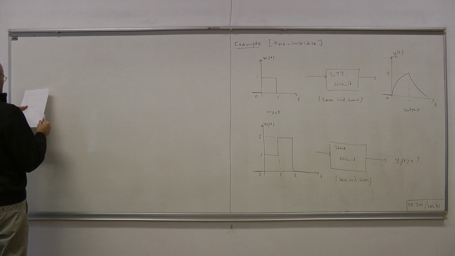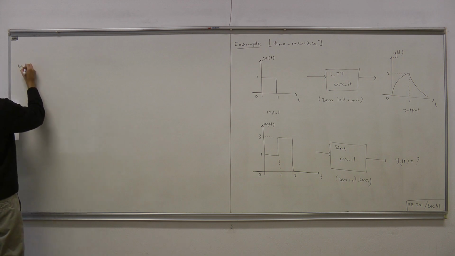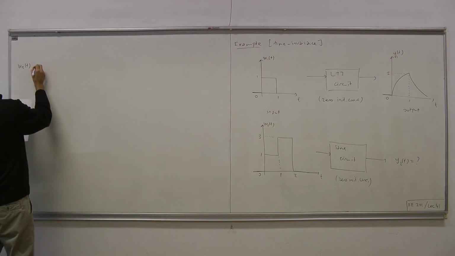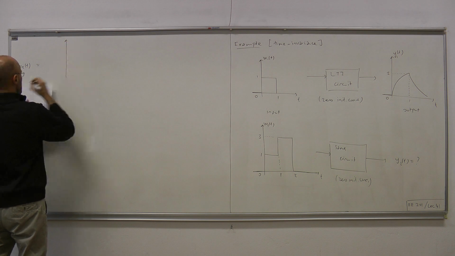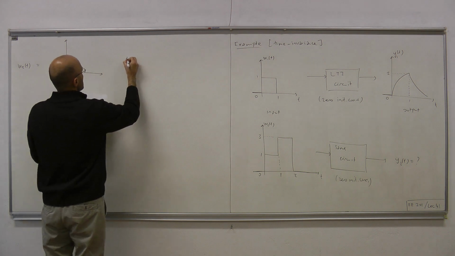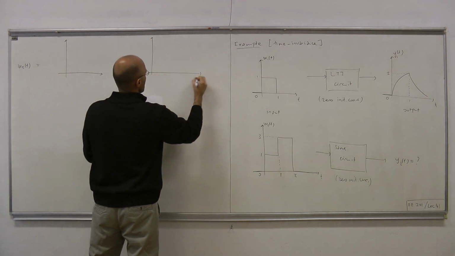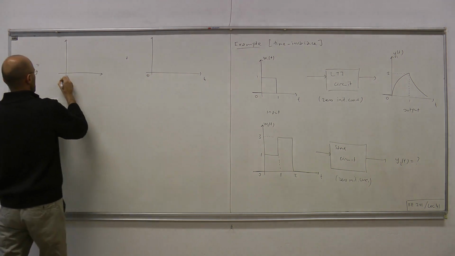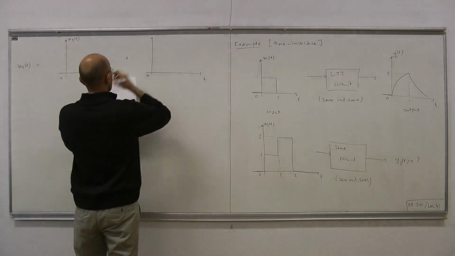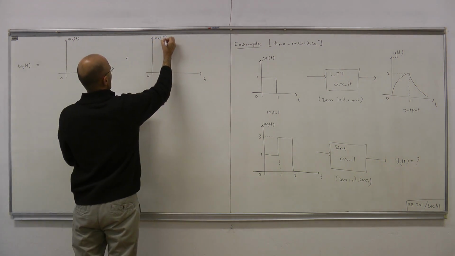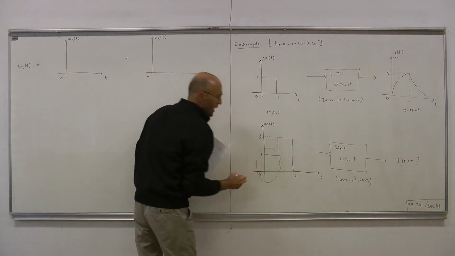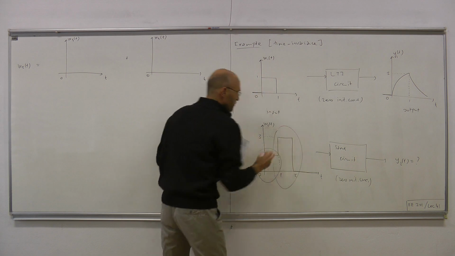Let's decompose w2 of t, or write it as the sum of 2 separate waveforms. The first we call w3 of t, the other one we call w4 of t. w3 of t is this part, and w4 of t is this part.